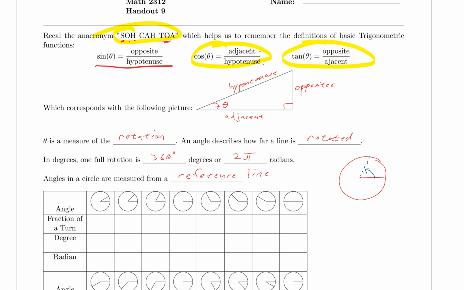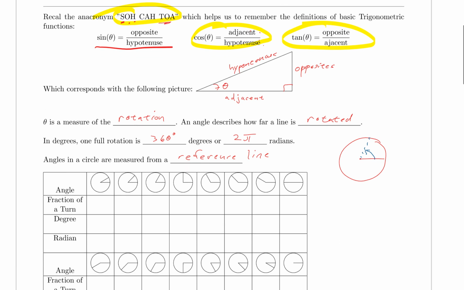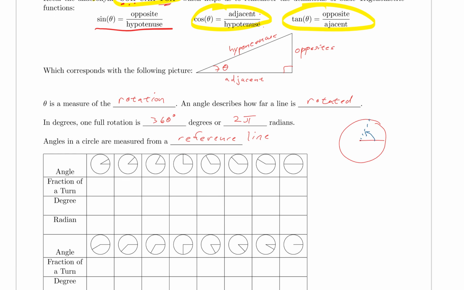Alright, so let's go ahead and partially fill in this chart. We're going to fill in some of the fractions of turn, some of the reference points first, and then we'll fill in some of the details later. This one right here should be pretty obvious. This is 1/4 of a turn. And then this guy right here should be pretty clear that that is 1/2.